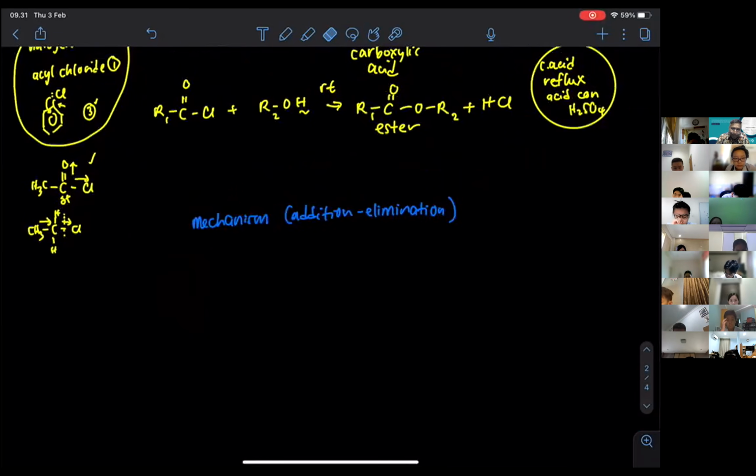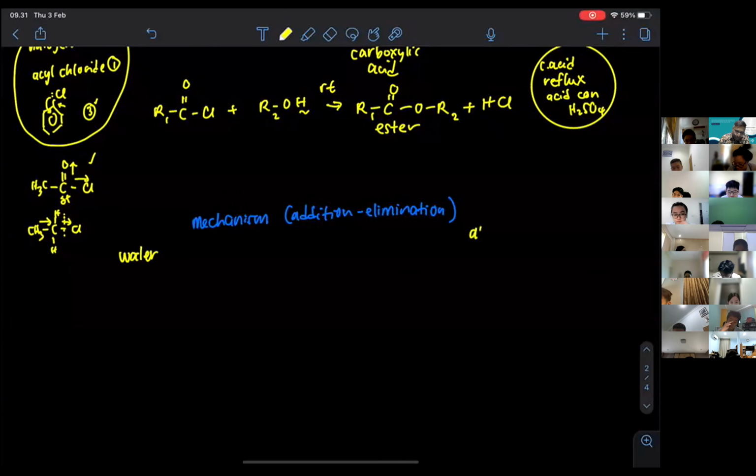So now we come back to the mechanism involving addition-elimination reaction. For the addition-elimination reaction, I will show you the reaction involving water first, then involving alcohol.